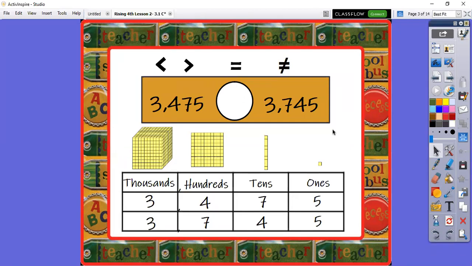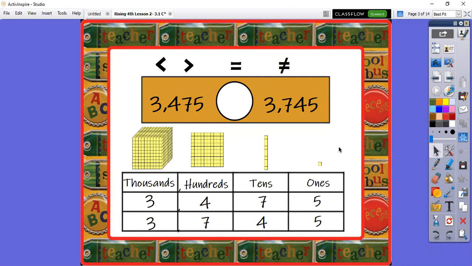So one strategy that you can use to compare numbers is to set up in your notebook paper a place value chart. Now you see I have written out thousands, hundreds, tens, and ones with some place value blocks to refresh your memory about which one has the greatest value. Now it's not necessary for you to do that.